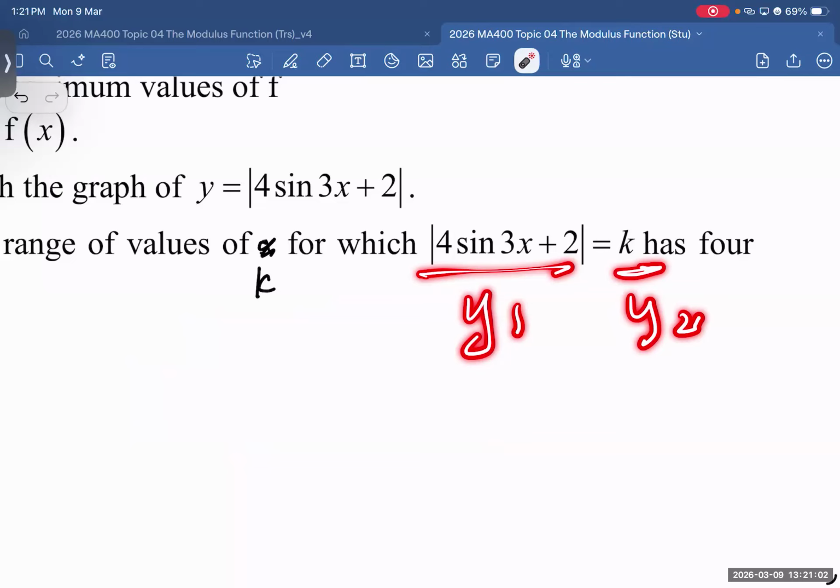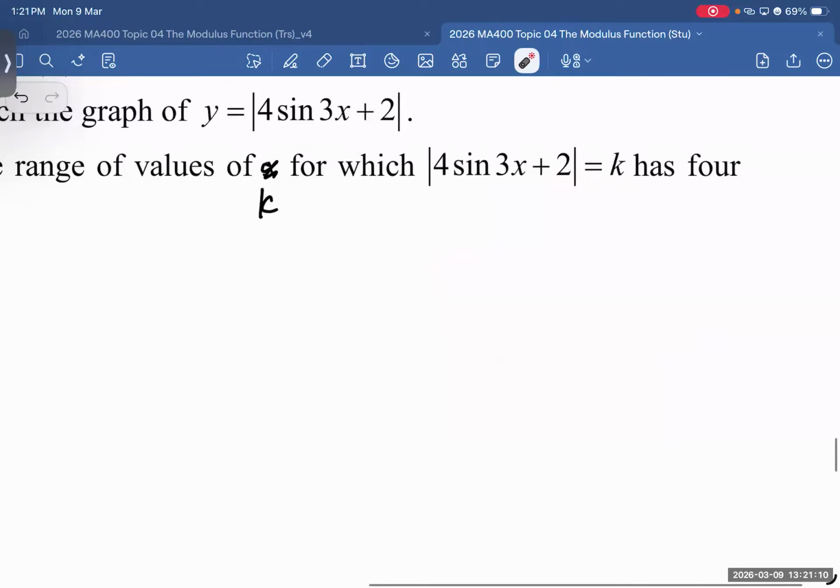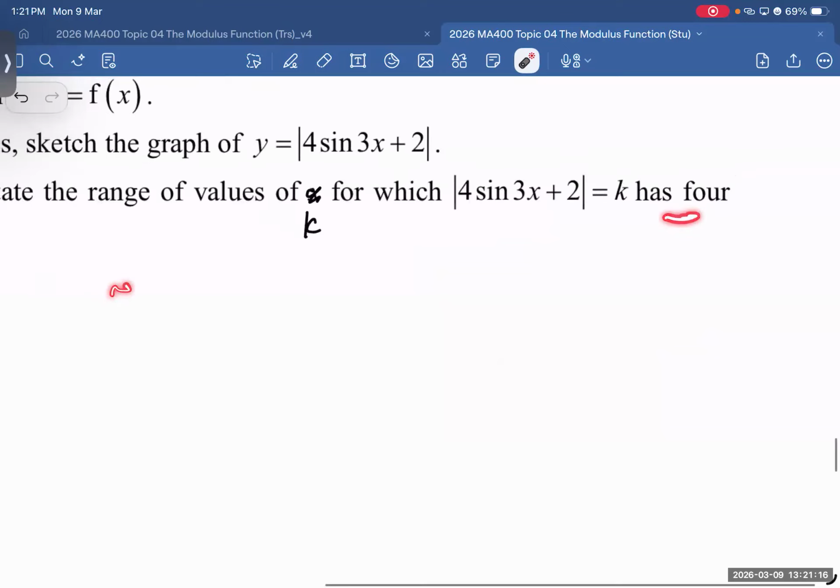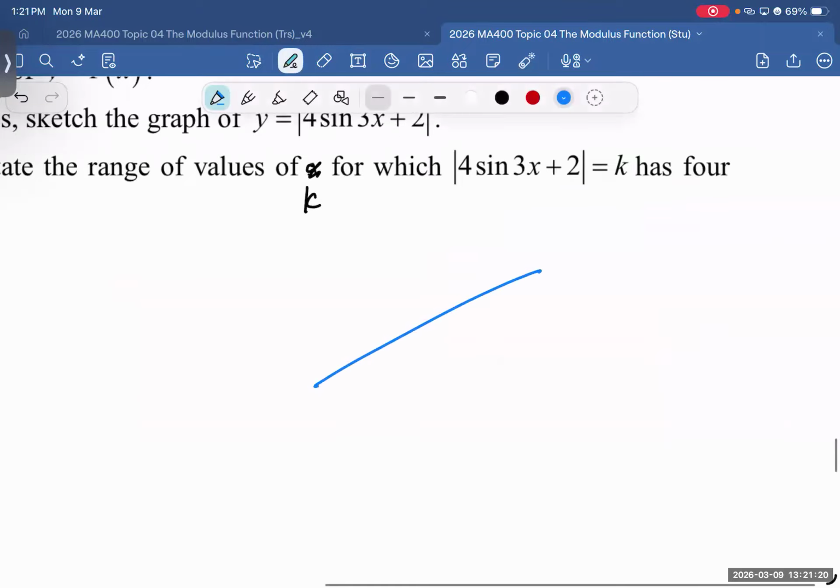The number of solutions will be the number of intersections. For example, first graph y, second graph y equals something, 1 solution because 1 intersection.